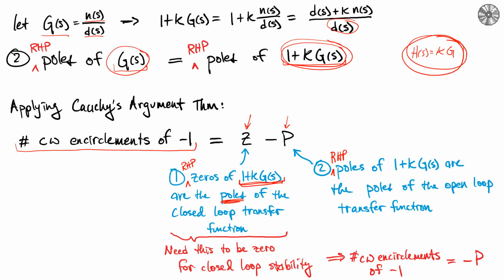And what that implies is that for stability to happen, the number of clockwise encirclements of -1 needs to be equal to minus the number of right half plane poles of 1 plus kg. And this, remember, is in fact the number of right half plane poles of g of s. So now we're still using information about our open loop system to understand stability of our closed loop system.